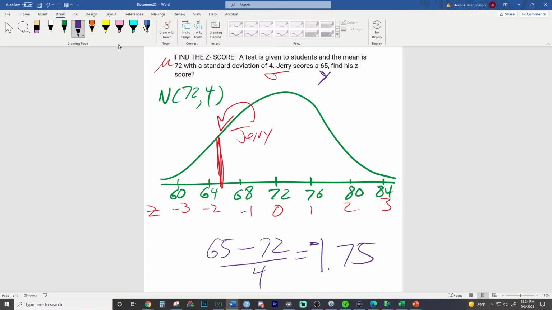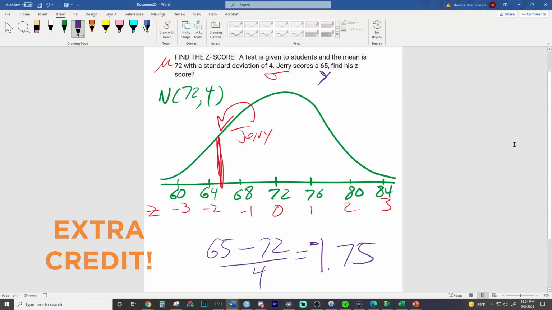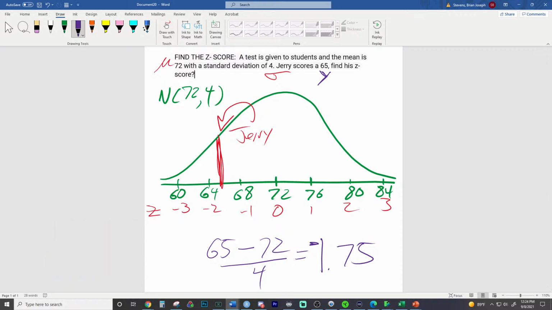I want you to look at the above graphic right here. Great job, Haley, another 20 points. Why is it negative 1.75? Just explain to me what the z-score means.